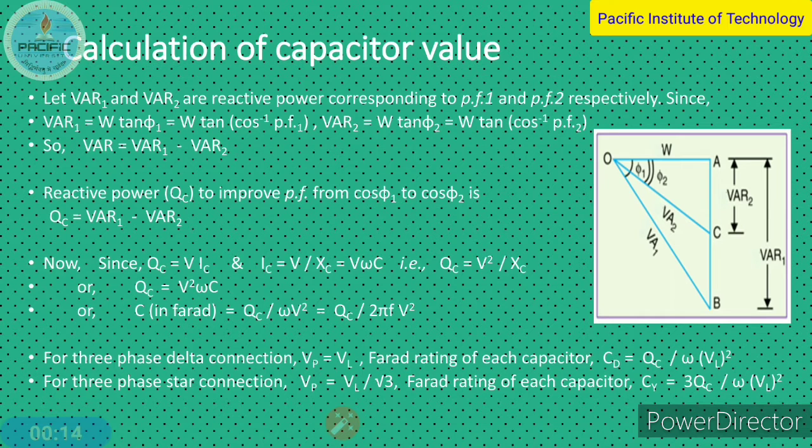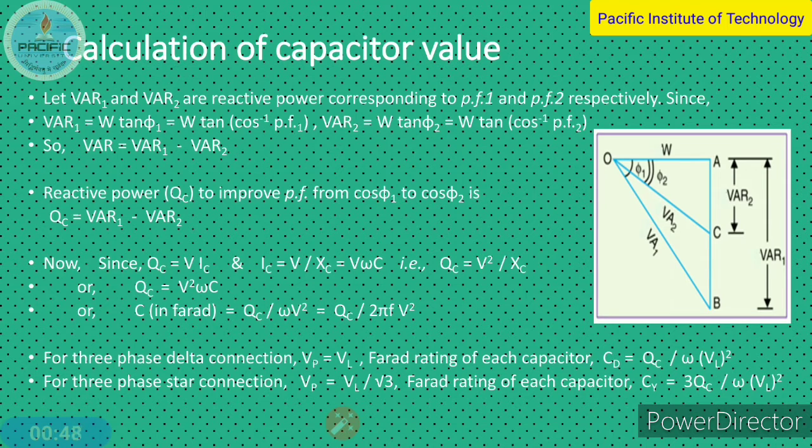VAR1 is equal to W tan phi1, which is equal to W tan cos inverse of power factor 1, and VAR2 is equal to W tan phi2, which is equal to W tan cos inverse of power factor 2. The VAR the capacitor is compensating is equal to the difference between the two VARs before and after the power factor improvement.